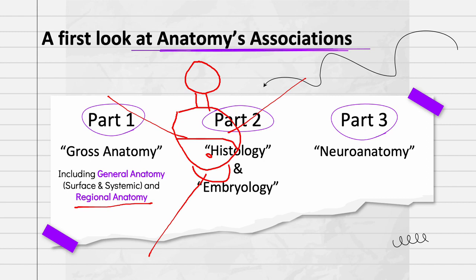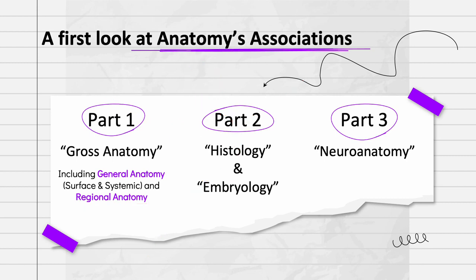But when we take some help, like the help of a microscope to look at the structures, then that comes under histology. And when we study the embryo, then it comes under embryology, the development of the embryo up to the baby or newborn baby.